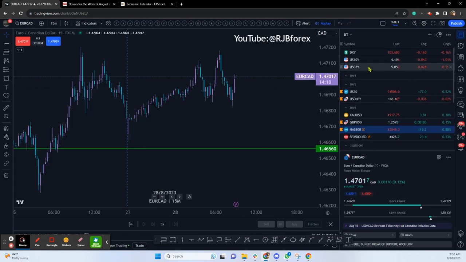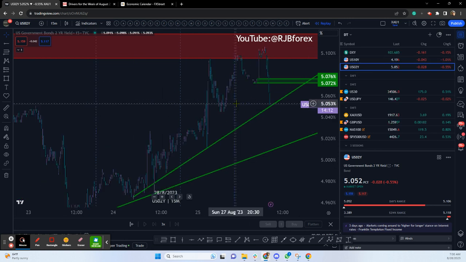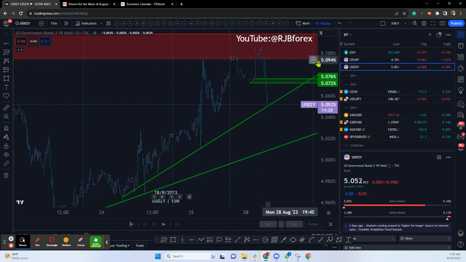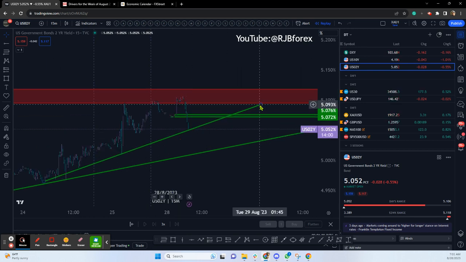Let's look at these yields again. Right, nice, moving away. So we've moved into trend line support, but technically we're on the back side of this trend now.